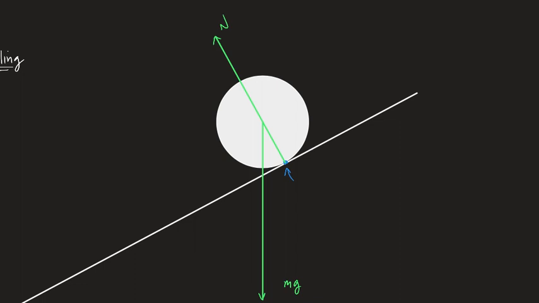The very first thing I want to point out about the normal force is that the normal force can't cause a torque. Look at the direction. It points through the center of the object. So it's difficult for it to cause a torque.